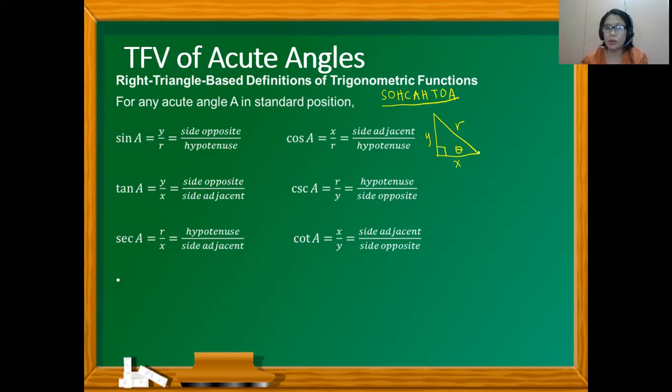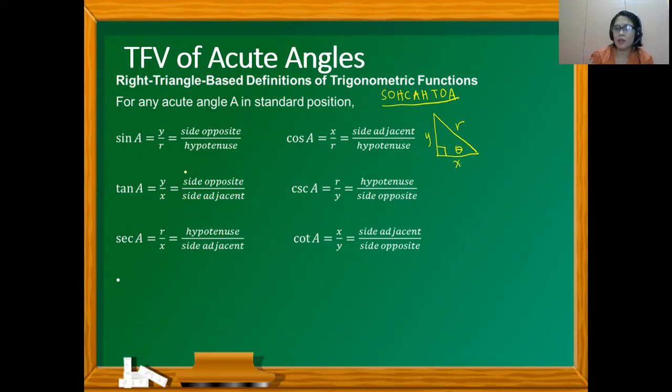So this is the opposite side of angle theta, y, all over its adjacent side. So we're going to consider the adjacent leg instead of the longest side. So this would be y all over x for tangent theta. And then we have for cosine, CAH. So, adjacent side all over the hypotenuse.